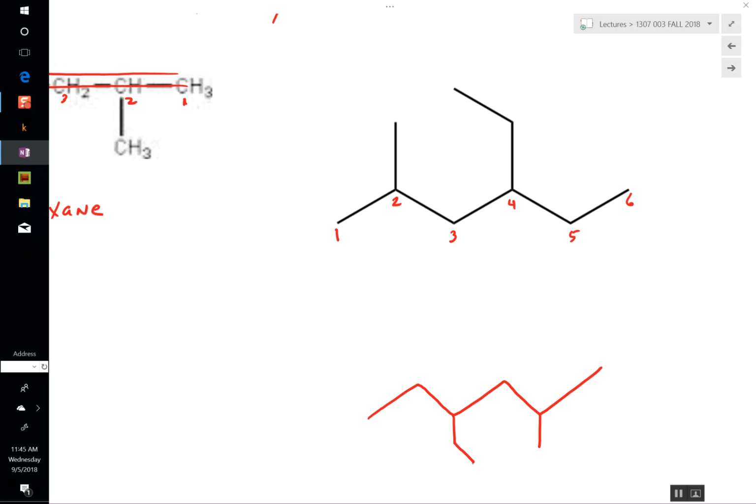I can't erase a little bit of it. I touch it and the whole thing disappears. But as long as all the components are there, and they have to be attached to the proper carbons. Because imagine that thing. I could twist that around, and it doesn't change the molecule, so it doesn't matter which way you start it. It just all has to be connected properly. Yeah, we'll play around with that a little bit more.